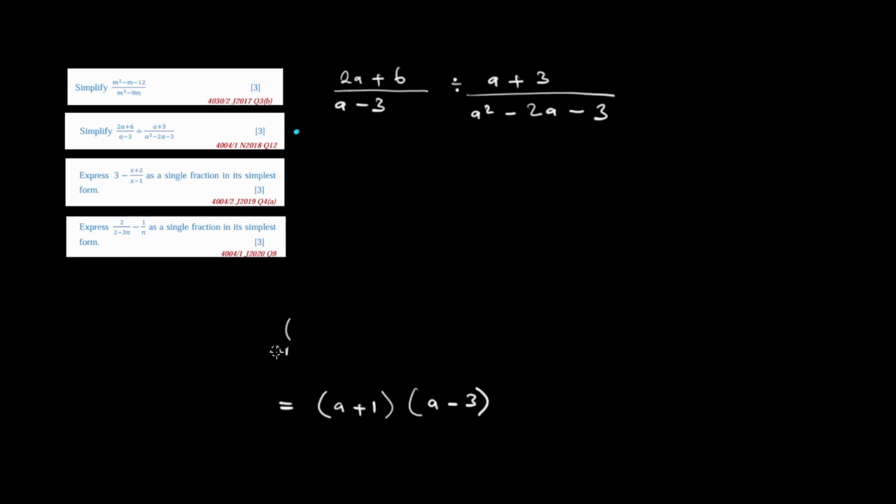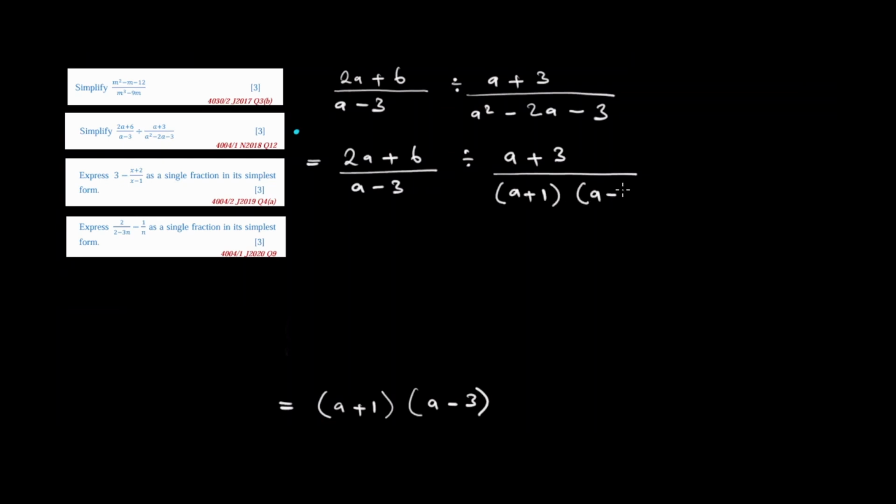So after removing this part, taona kuti tika factorize this tinowana that, kureva kuti zvatanyora panapa zvinenge zva equal to 2a plus 6 over a minus 3 divided by a plus 3 over, then a squared minus 2a minus 3 takuinyora as a plus 1, a minus 3.